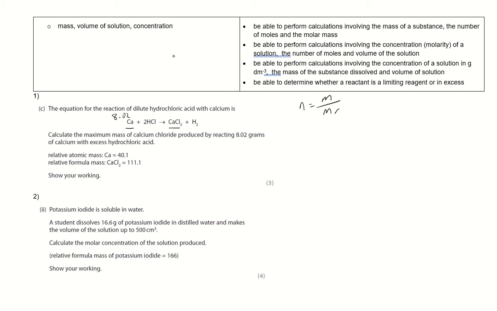Right, so the first thing I can do, if I know the mass of calcium and I'm given the relative atomic mass, then what I can do is moles equals mass over atomic mass in this case, 8.02 divided by 40.1, and that comes out at 0.2 moles.